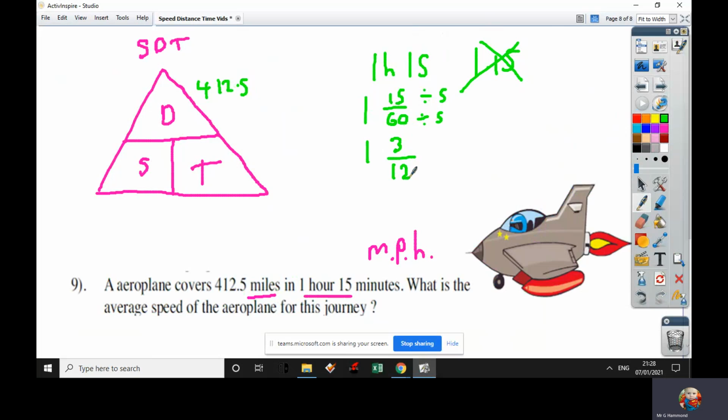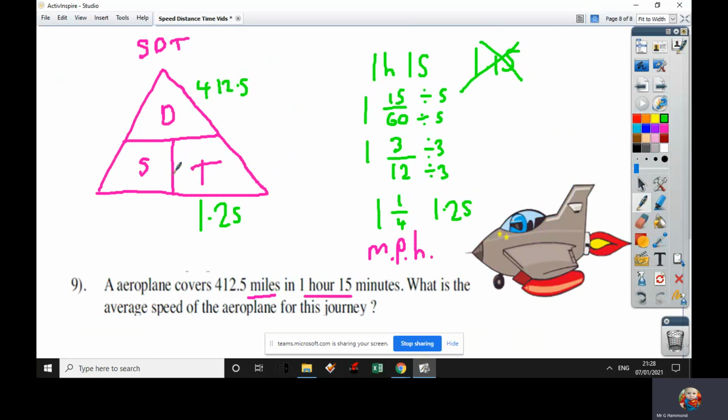So that's 1 3/12. Again, they both divide by 3. So 3s into 3 goes once. 3s into 12 goes 4 times. So that's 1 1/4 hours. And 1 1/4 is 1.25. So obviously your time is 1.25.